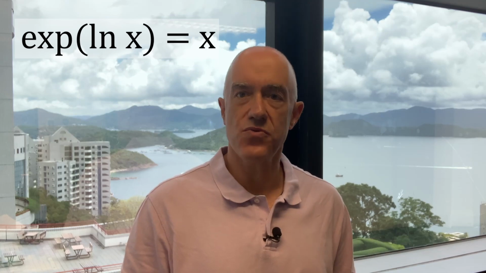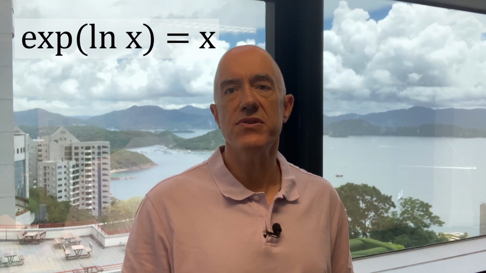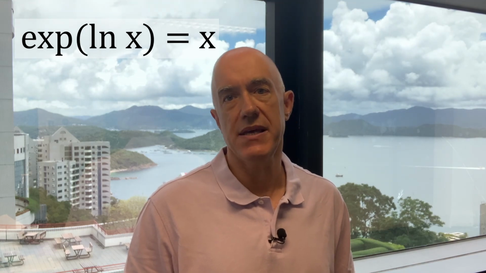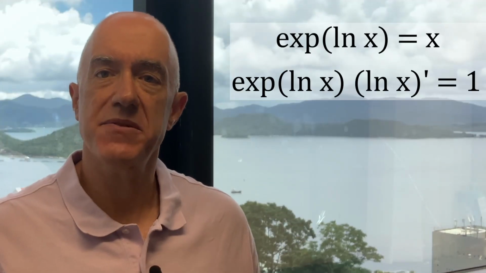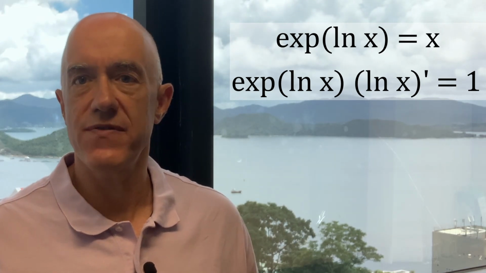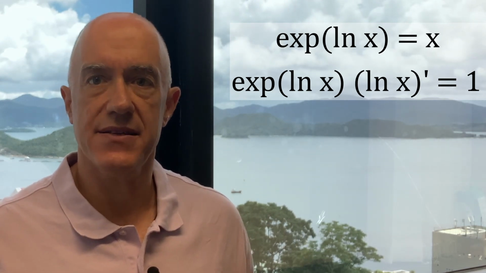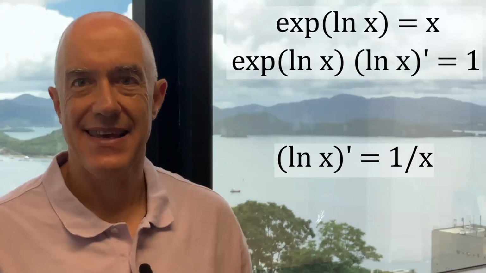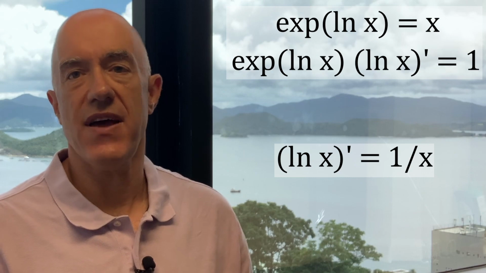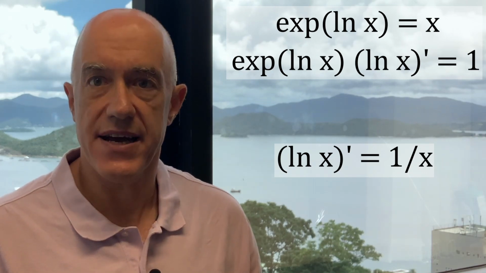We can take the derivative of both sides using the chain rule and the differential equation for exp. We get exp(ln(x)) times the derivative of ln(x) equals 1, which simplifies to the derivative of ln(x) equals 1/x.